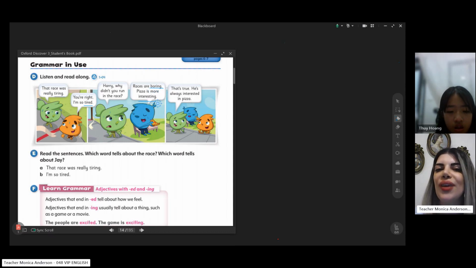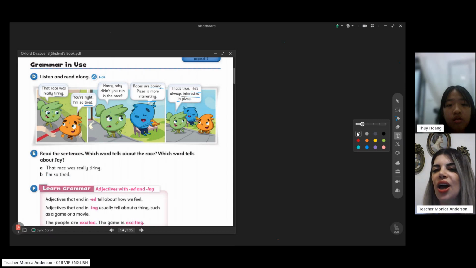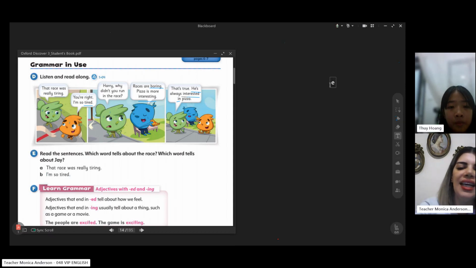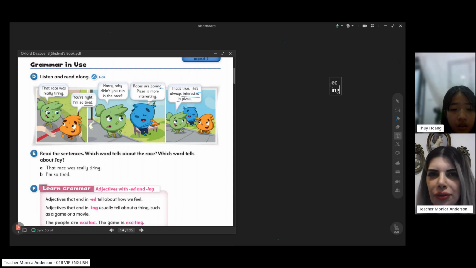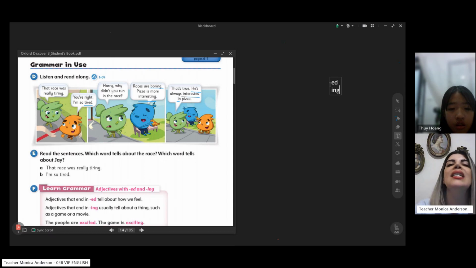Pizza is interesting. He is always interested in pizza. As you can see, we have some ed and ing words here. They are adjectives. It means they describe a noun.